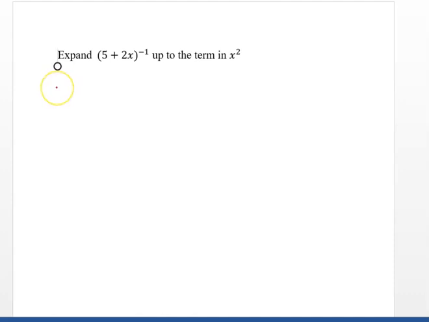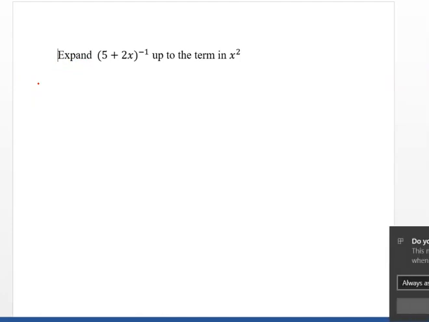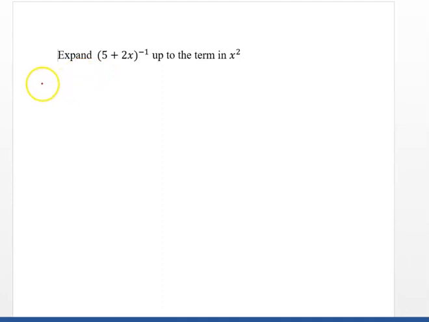The first thing I need to look at is that we refer back to our expansion using 1 plus x to the power n, which means we have to do some manipulation on this.